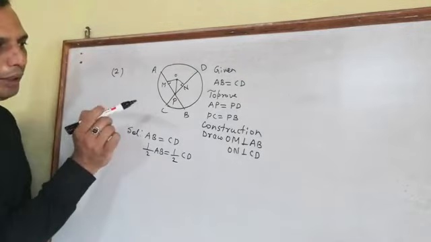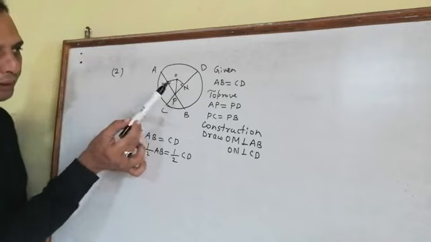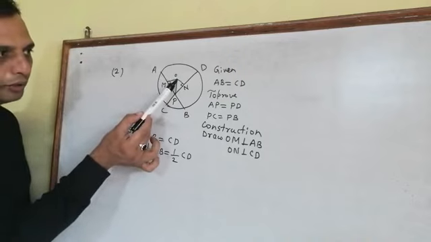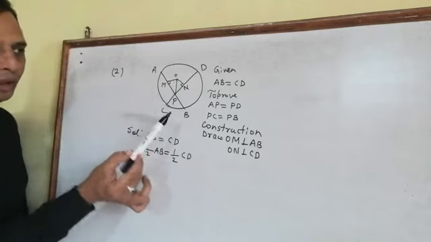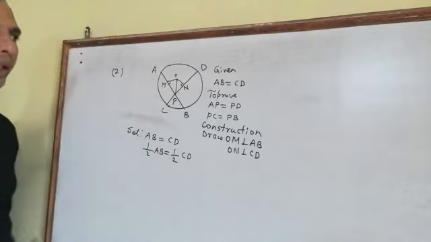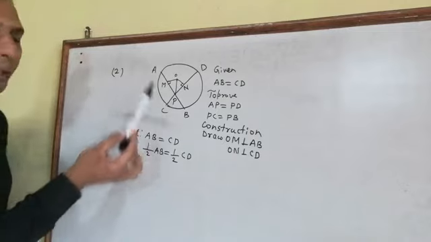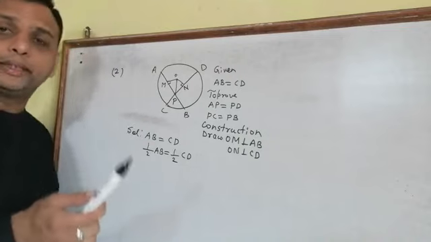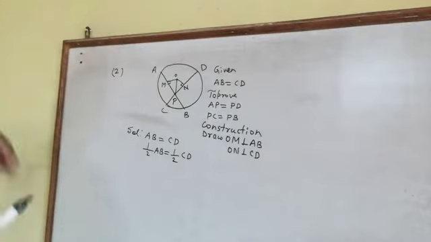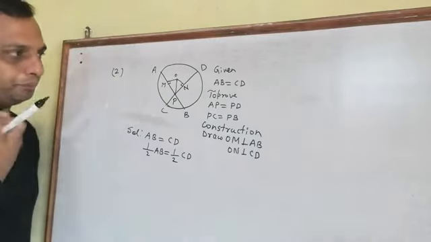Now in place of half AB, we can write AM also and MB also, because we had studied one theorem: perpendicular drawn from the center of the circle bisects the chord. So I had taken OM perpendicular to AB. If OM is perpendicular to AB, it will bisect the chord by the 10.3 theorem. I think you know that theorem statement: perpendicular drawn from the center of the circle bisects the chord.